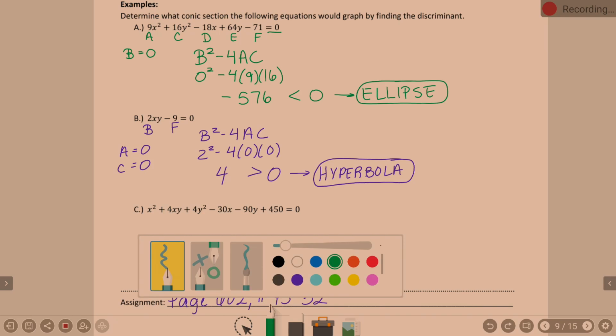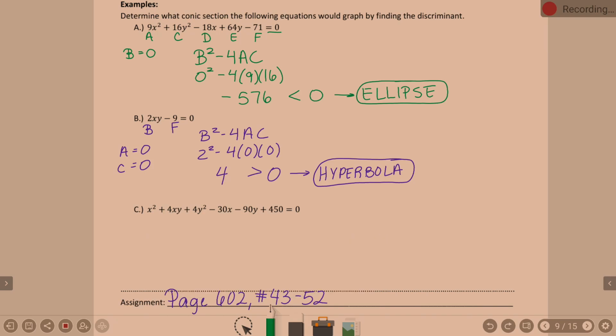Okay, let's look at C. This one goes in order. X squared plus 4xy plus 4y squared minus 30x minus 90y plus 450. What's A? Invisible 1 in front of x squared. What's B? 4, from the 4xy.